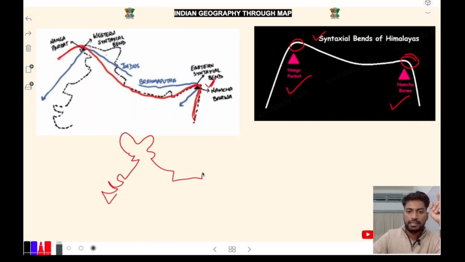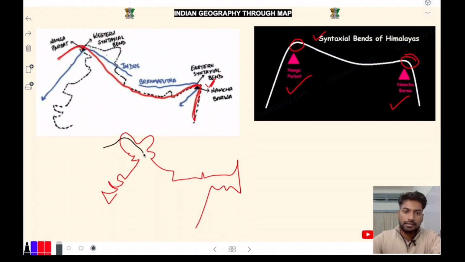I'm again saying I can draw better maps, but this is the pen. See, this is your Himalaya. Now see here. Himalaya is like this, and here it takes a sharp bend. Now here we have a mountain peak, and here we have a mountain peak. So at these two mountain peaks, Himalaya takes a sharp bend.